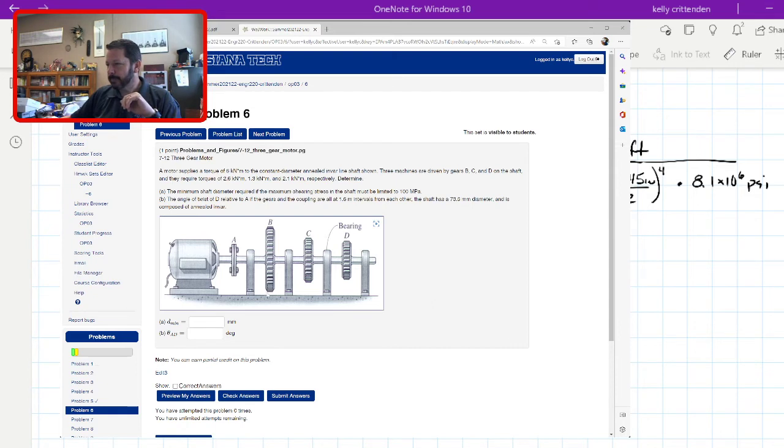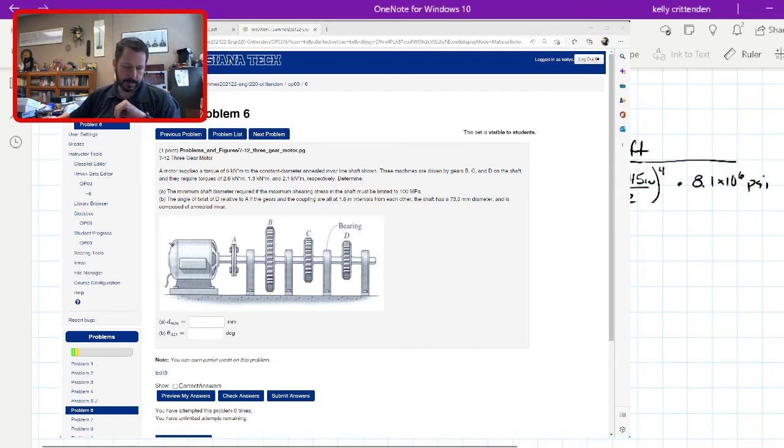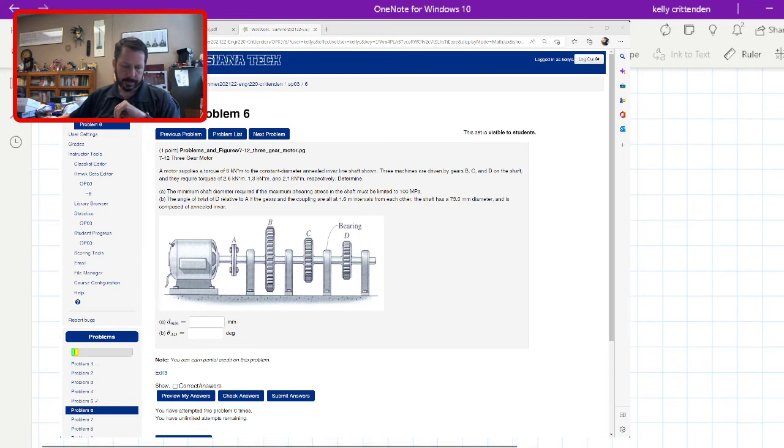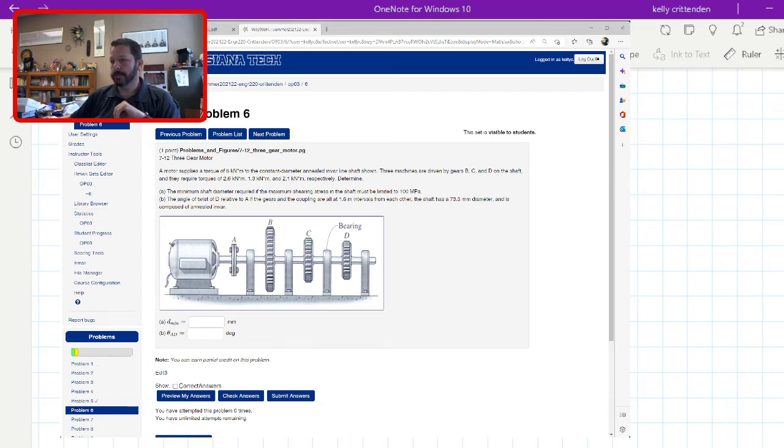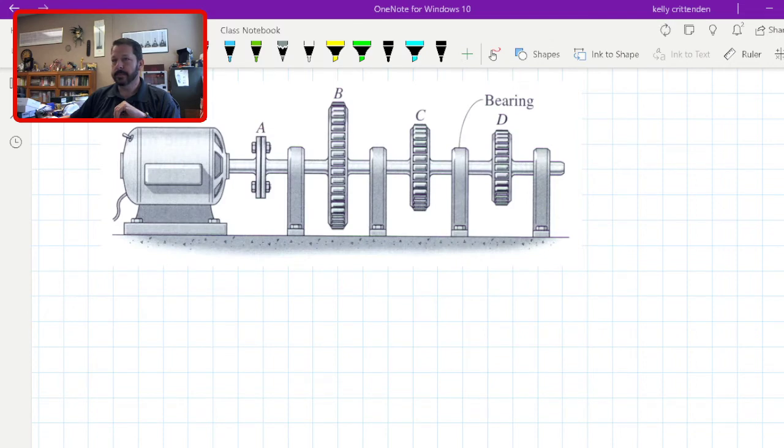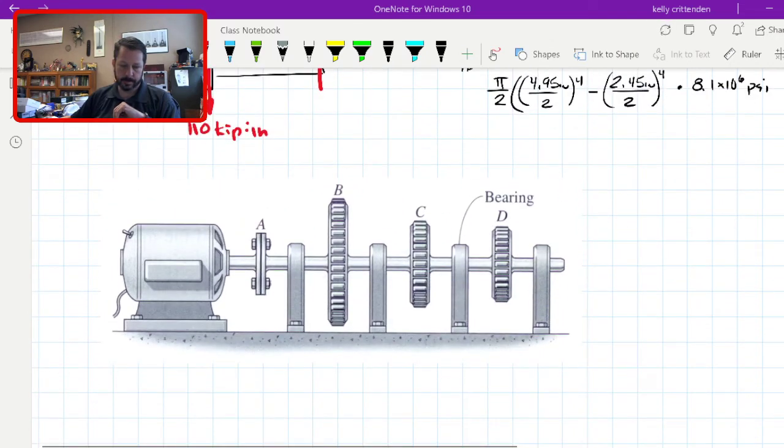So let's copy this image, paste it over here. Let's make it a little bigger. And then let me label up all of our stuff on here. So there's our image that we're working with.